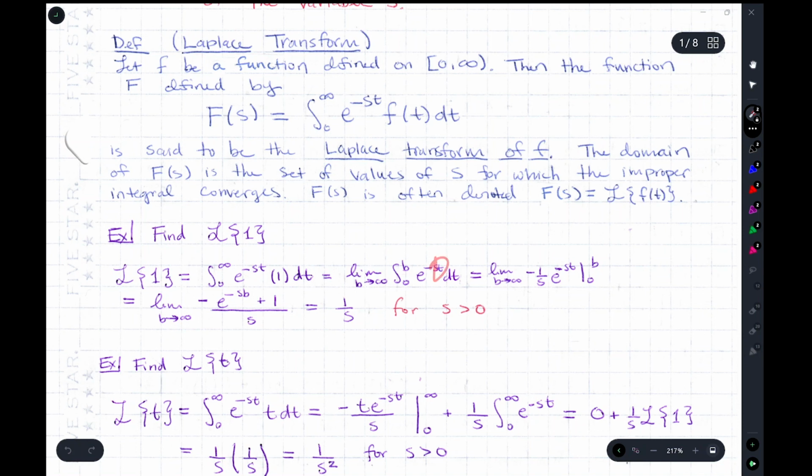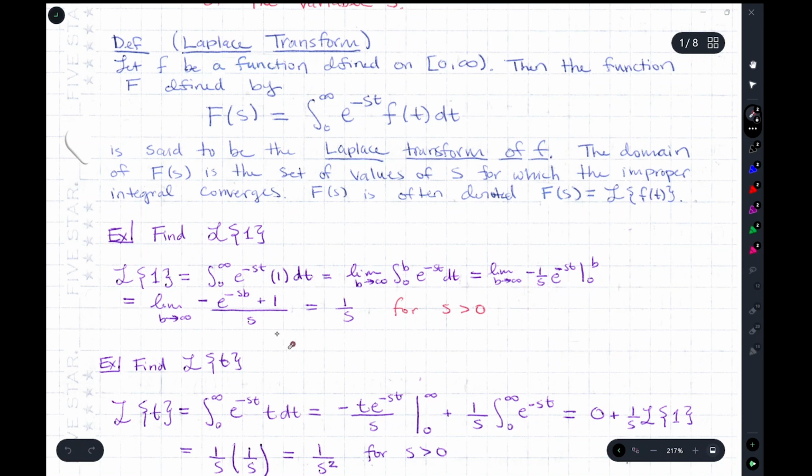So how do you treat s here? Just as a constant. Okay, so we're treating s as a constant when we're integrating with respect to t. So we integrate, and we get, again, s is treated as a constant, so you get this 1 over s there for the integral of the exponential, and our bounds are from 0 to b, and we're going to take that bound to infinity.